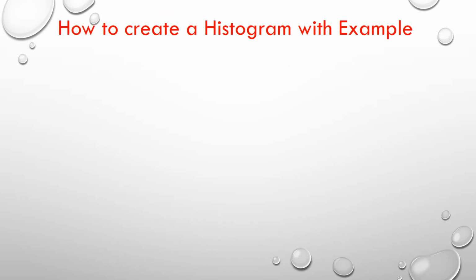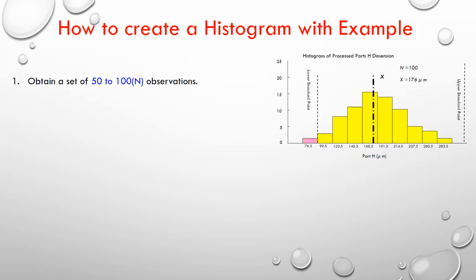Next, how to create histogram with example. First, obtain or collect a set of 50 to 100 observations. Here capital N denotes total number of observations. Then find the maximum value and the minimum value in the collected data.